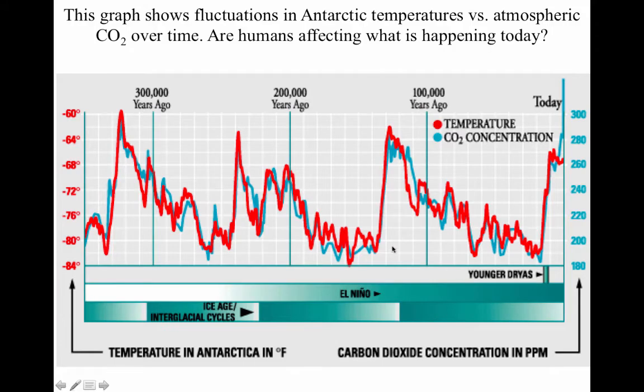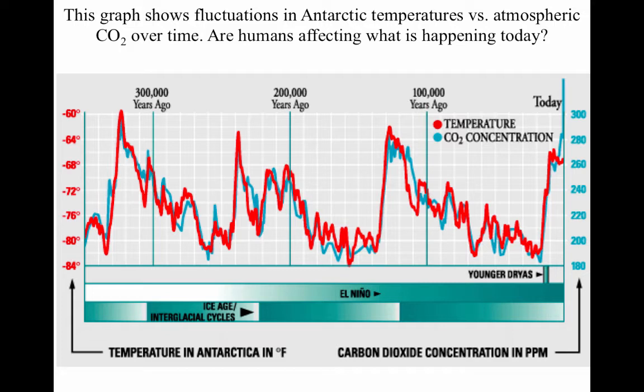This graph shows you, since the last few ice ages, which seem to have a frequency of about every 100,000 years, data from ice cores taken from Antarctica, and they've been able to correlate. They use the isotopic ratios of oxygen 18 and oxygen 16 in water that's frozen. When they look at the ice, they can actually determine, because we know what the percentage of oxygen 16 and the percentage of oxygen 18 should be on the planet at any point in time.